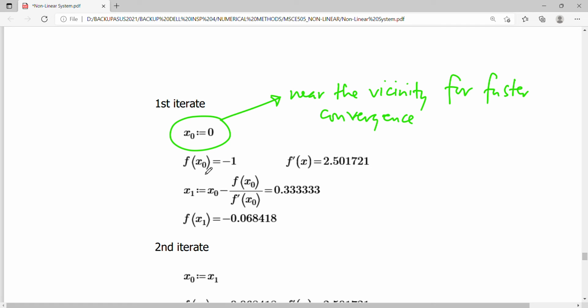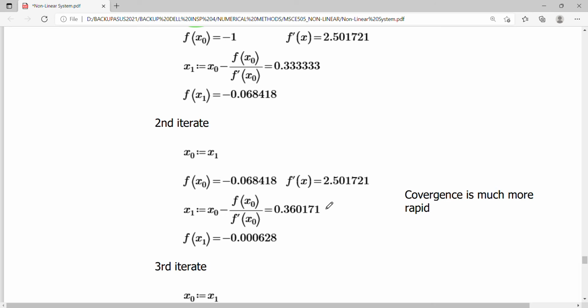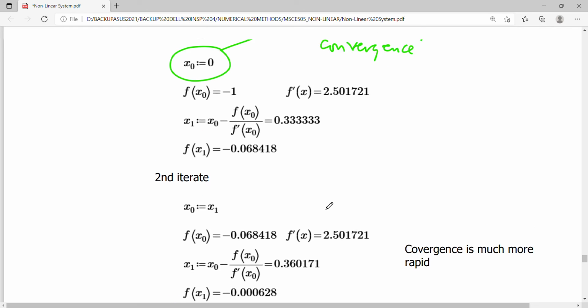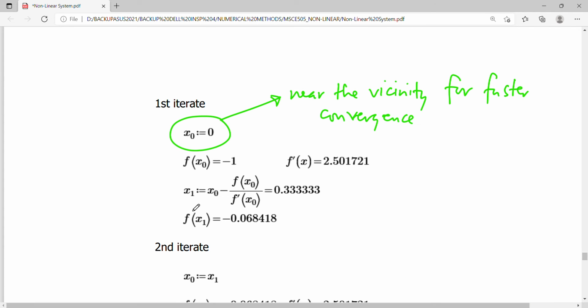Okay, so after that, we simply get the functional value at the first iterate, x0, and the slope at the first iterate, x0. Okay, so this is now x1 to be solved using the formula.